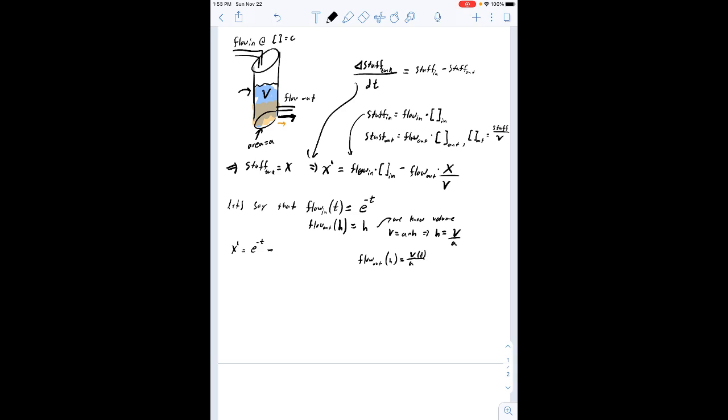So obviously, if we don't put anything in and our water level is up here, it's going to slowly drain out. Whereas if our flow in is really fast and we plug this hole for a second right here, then the water level is obviously going to rise.